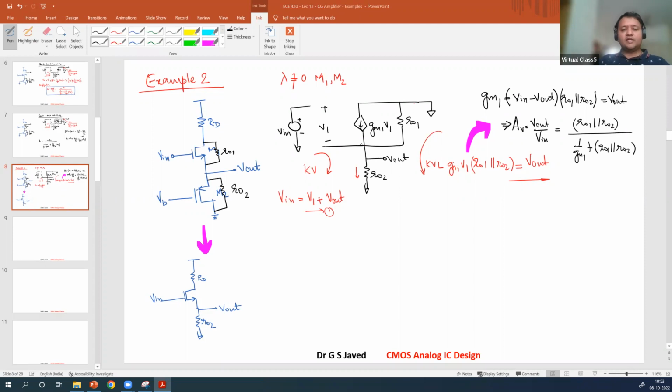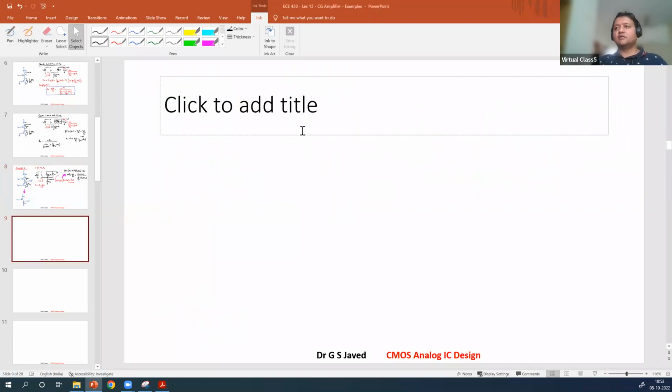Now, let us look at what is the R out of the circuit, right? We'll find out what is the R out in a similar looking circuit, just so that all bases are covered.